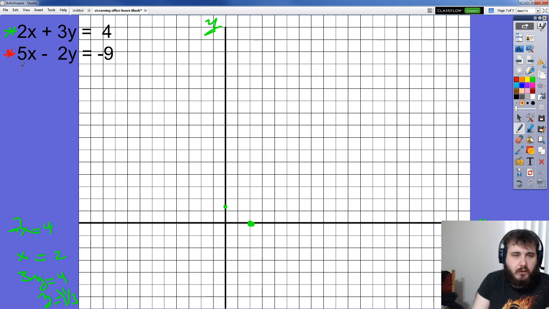So my x-intercept doing this same thing is going to be -1 4/5.